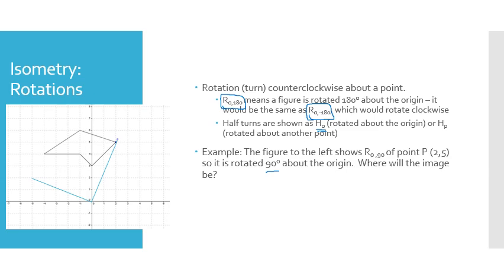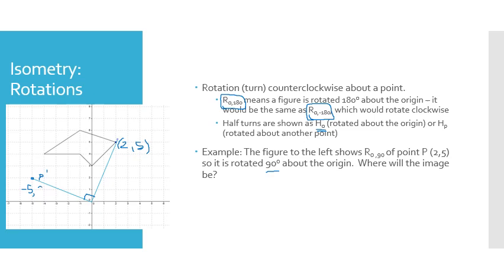Well, what I use as a technique is to draw a line from the origin to the point and draw a line perpendicular to it in the counterclockwise direction, and at the end, at the same distance, you will be able to put your new point P prime. The original point was (2, 5), and the image point is at (-5, 2).